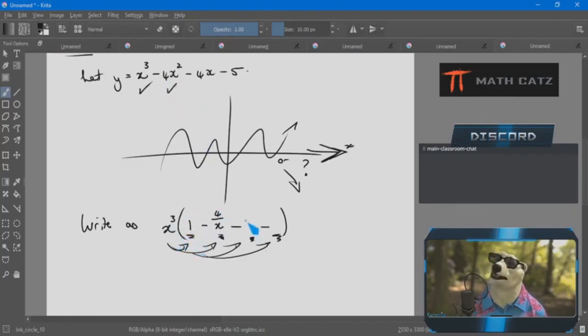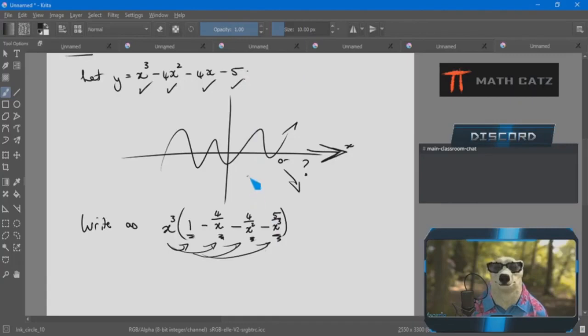And I'm going to have the third one in the bracket be 4 over x squared, so that I get my 4, and when I cancel the x's, I'm left with 1x. And the last one's going to then have to be 5 over x cubed, so that when I multiply it in, I'm left with just the 5.